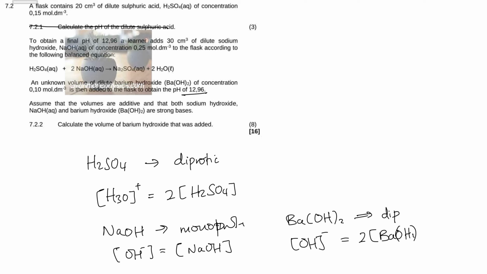Now that we've taken care of that, let's start the solution. It's 8 marks, so it's going to be quite involved. The first thing I want to do is draw a diagram to make it easier to understand what's going on. We have a container with 20 cm³ of H2SO4 of concentration 0.15.